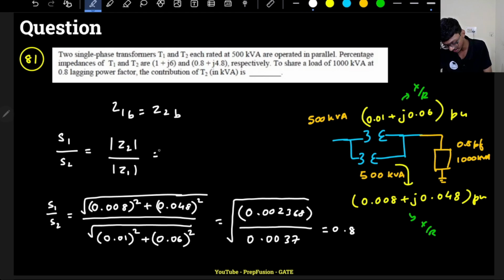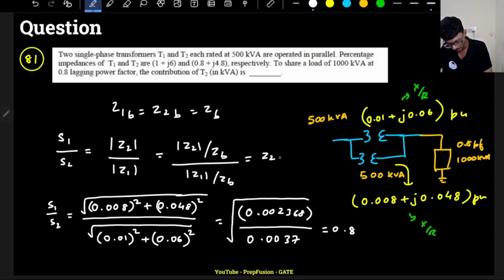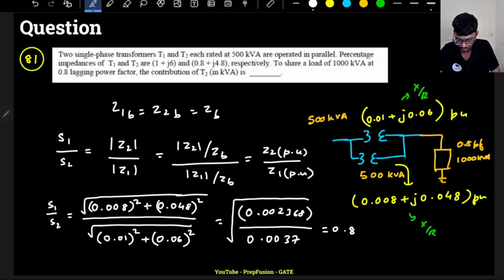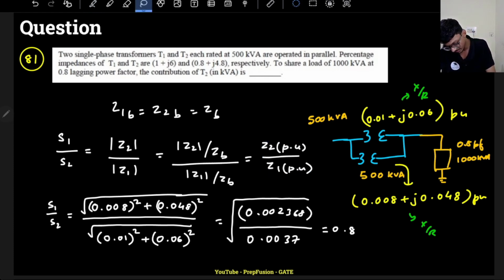So I can divide by ZB: Z2 divided by ZB and magnitude of Z1 divided by ZB, which is Z2 pu divided by Z1 pu. That is the reason I replaced directly with Z1 and Z2 pu.